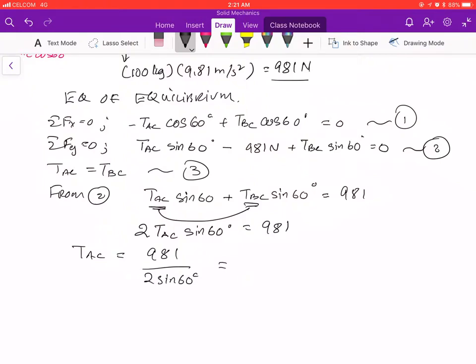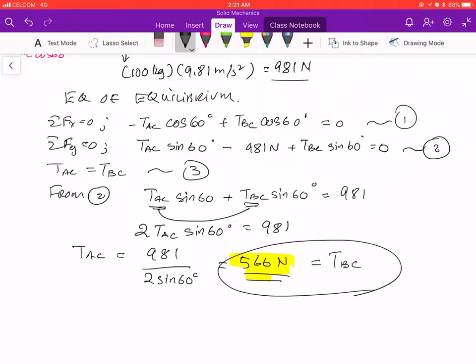If I crunch the number, I have TAC at 566 Newton, and since they are both equal, this is also TBC. This is the amount of force being exerted on that particular cable.